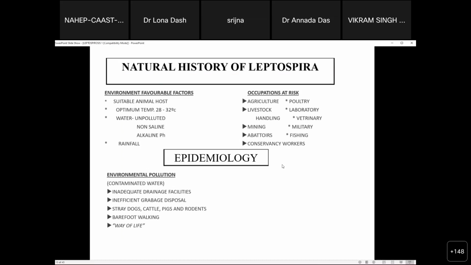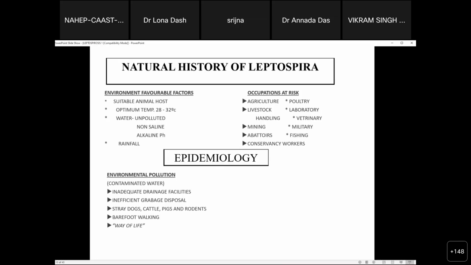Besides this, inadequate drainage, inefficient disposal of garbage, and a lot of stray dogs, cattle, pigs and rodents roaming about and interacting with humans, and walking barefoot in flooded waters, all contribute to the natural history.